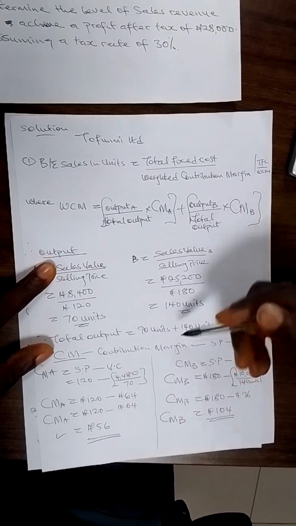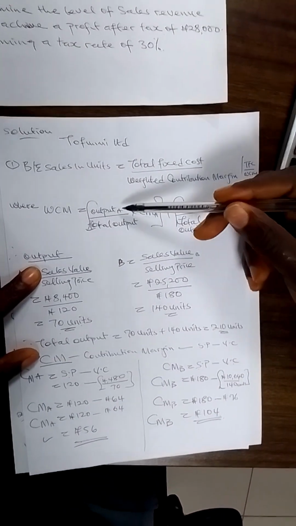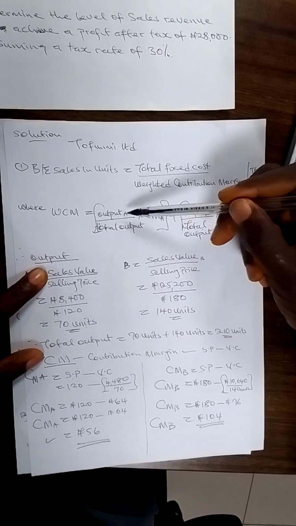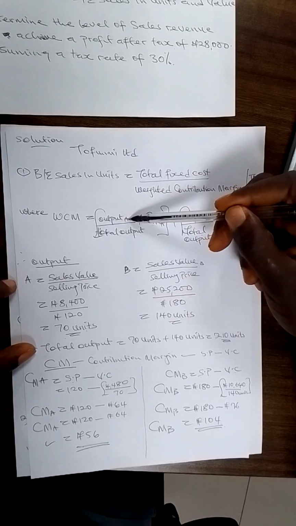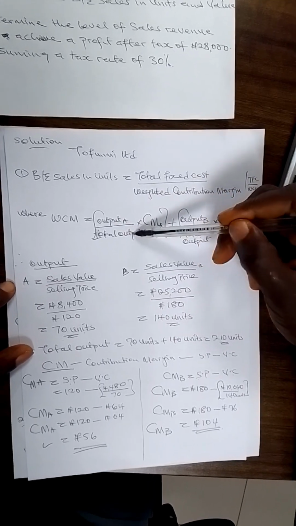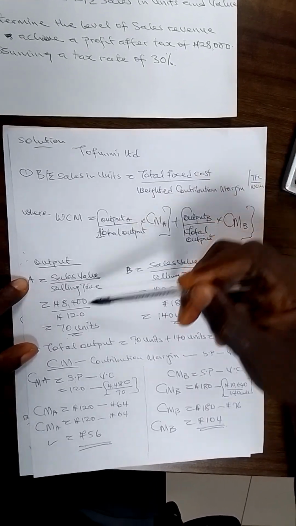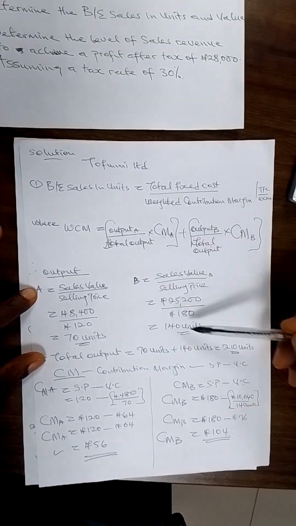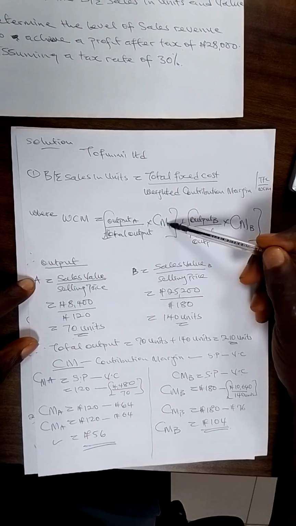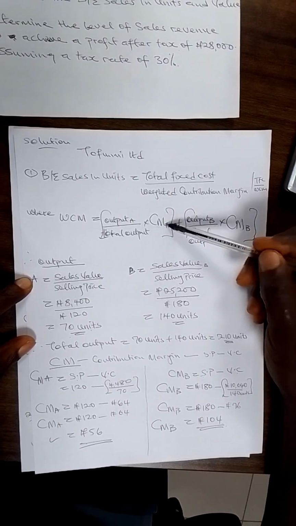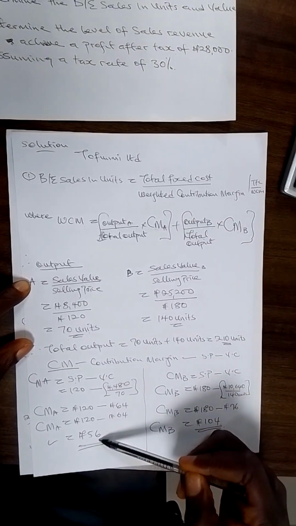So let's go back to the formula. In this formula, WCM, we have output A and total output. Output A has been determined to be 70. Total output is 210. Then CM of A, contribution margin of A, is 56.